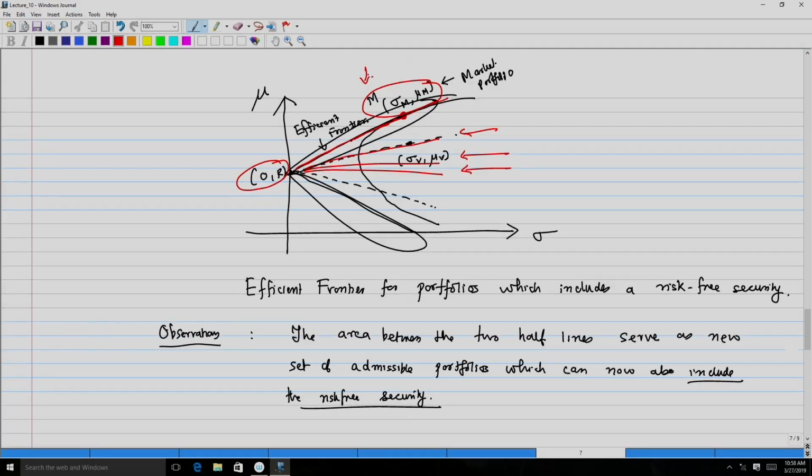And so, this is the key factor while we are actually ascertaining what is going to be the weights of the market portfolio M here.